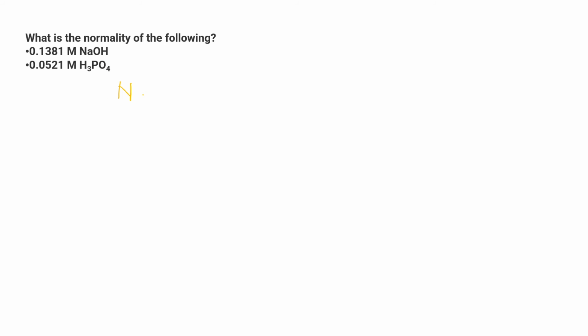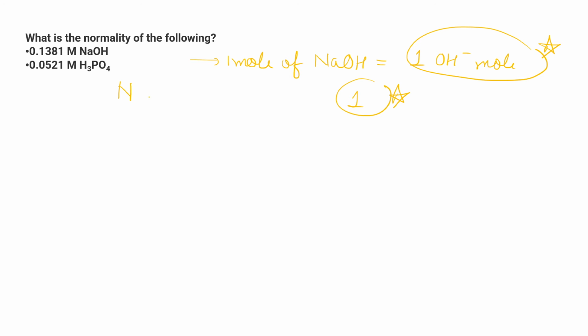Normality for the first question. Here you can see for NaOH, for 1 mole of NaOH, how many OH minus will be released? Only one mole of OH minus will be released. That means the N factor over here is 1. So normality is equal to molarity into N factor.